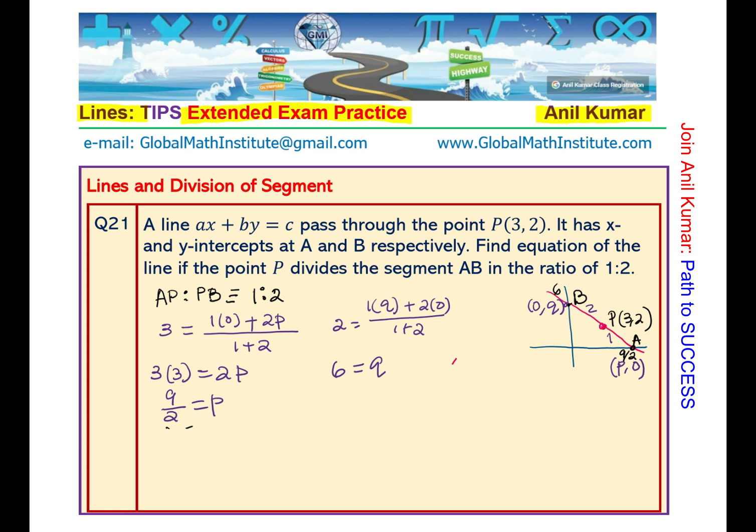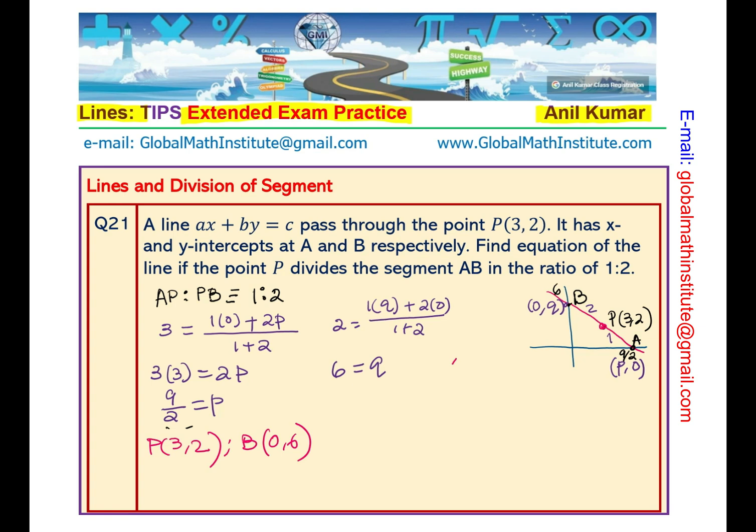It's good to work with the point P itself. So point P is (3, 2), and the y-intercept, which is point B, is (0, 6).